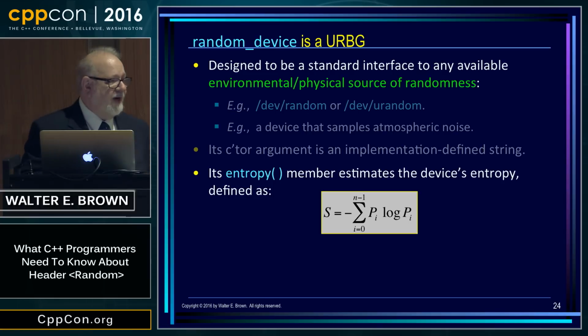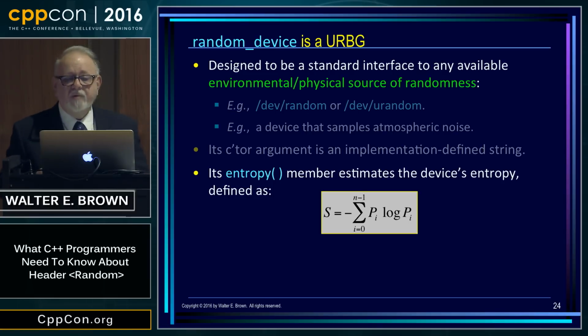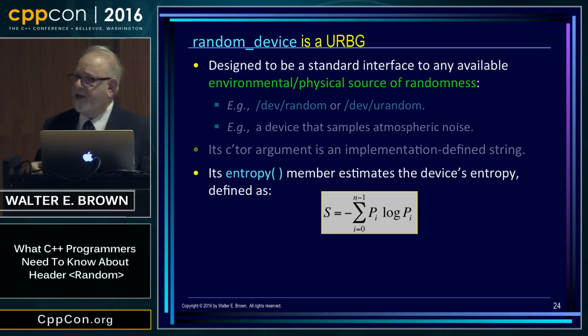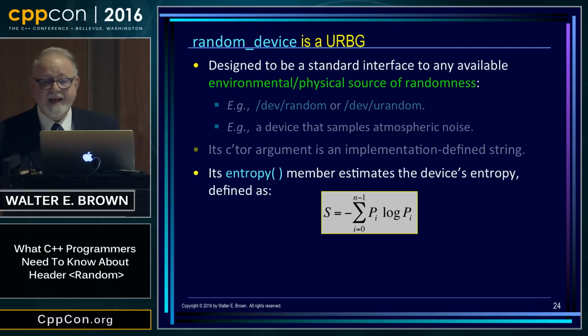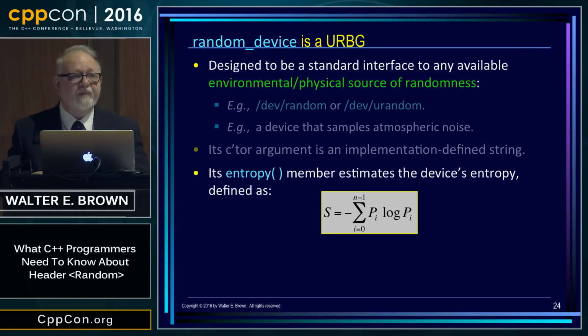The entropy of your device. So if you haven't seen it before, that's the definition of entropy. There's actually somebody in Europe whose headstone on his grave has a version of this formula. You can find it in the slides if you download them.